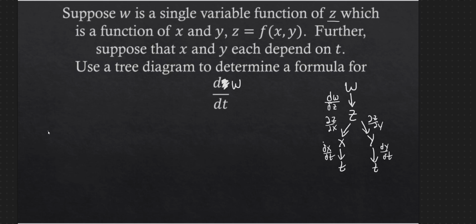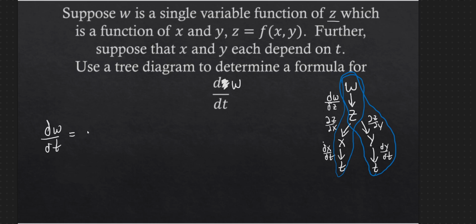All right, so let's figure out what is dw dt. Same thing in any case for any of these chain rules, start at W and find all the chains that end at T. We have two chains. Each is three steps, so we should have two terms, each with three factors.